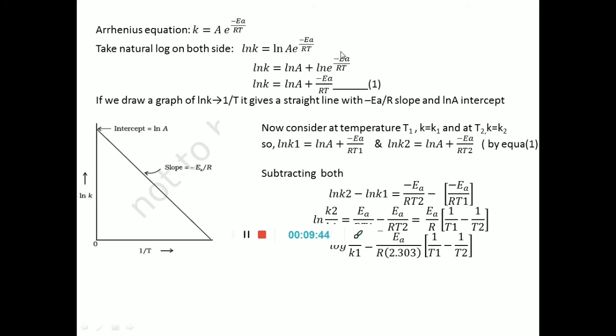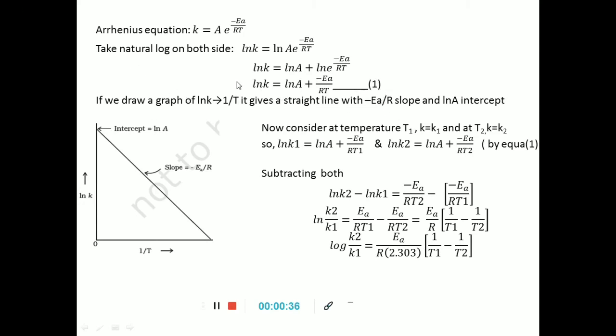Now minus Ea by RT is in the power of e, so it will come in multiplication, and ln e is equal to 1. So I will get ln A plus minus Ea by RT into 1. I have not written the 1 here. Now this is our equation number 1.